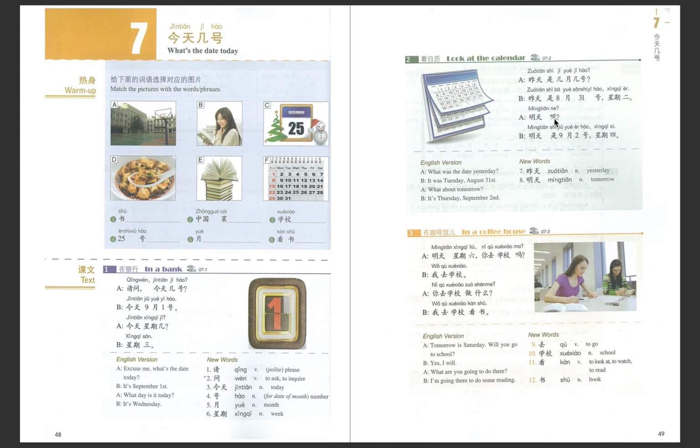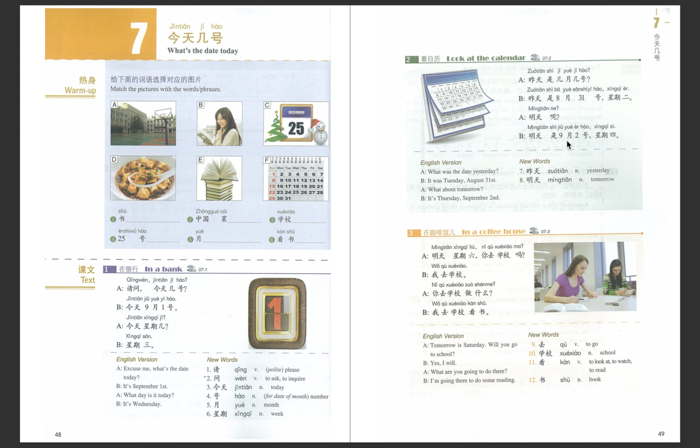明天呢？明天 means tomorrow, 呢 indicates a question. So how about tomorrow? 明天是9月2号，星期四。明天 tomorrow, 是 the verb to be.